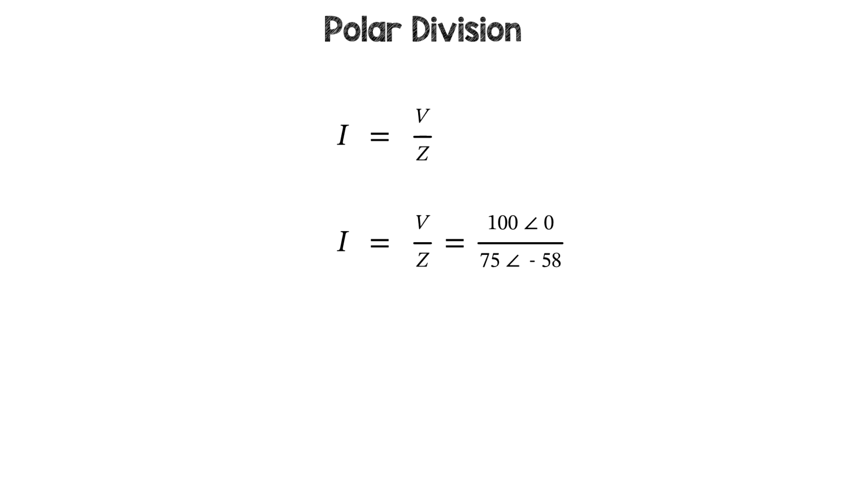So to divide polar numbers, you divide the top modulus by the bottom, and then you do 0 degrees, take away minus 58, so that becomes positive 58 degrees. So it's really easy to do. And with polar multiplication, you multiply the two moduli or amounts together, and you add the angles instead of subtracting.